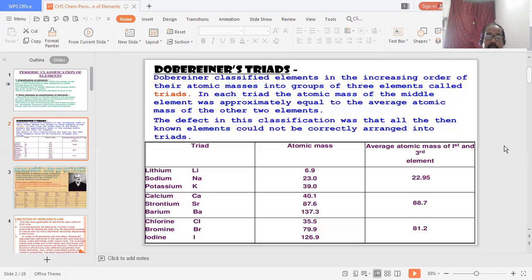And bromine's approximate atomic mass is 79.9. So these are some examples of these triads.